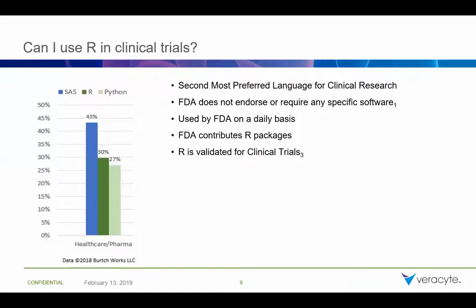And for those of you that may say, well, validating software, what do I have to do for that? Well, you don't have to go that alone. There is an R document provided by the R Foundation that helps you walk through the validation steps that they follow to make sure that the base application and the packages are validated to work together.